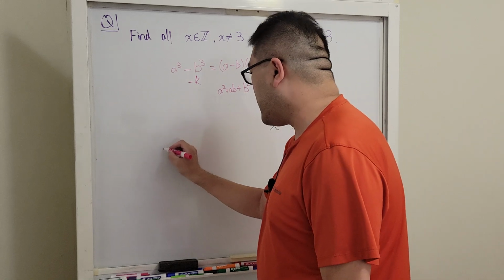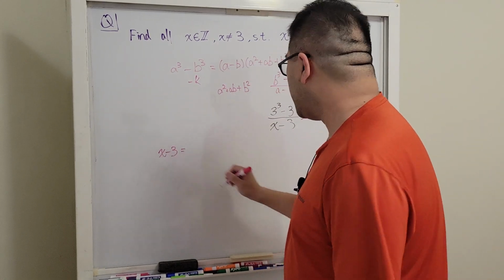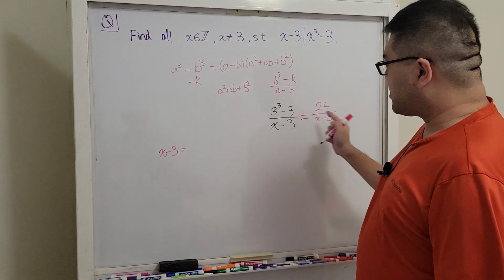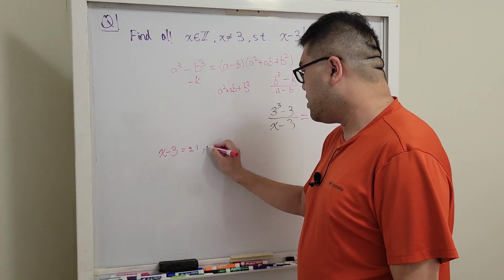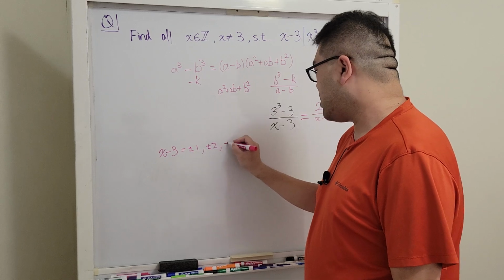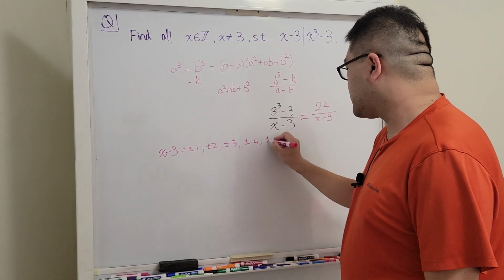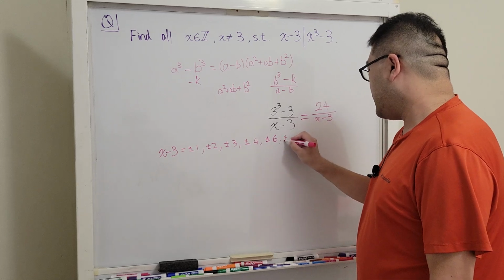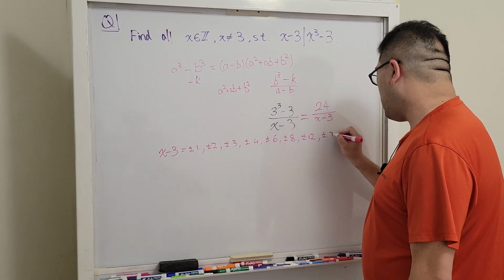So x minus 3, the denominator, could be equal to the factors of 24, which would be positive or negative 1, 2, 3, 4, 6, 8, 12, and 24.